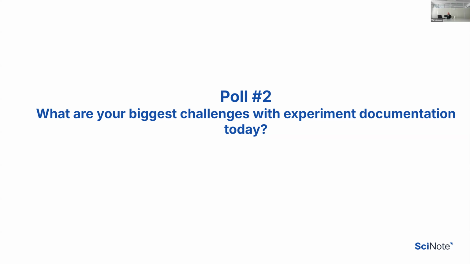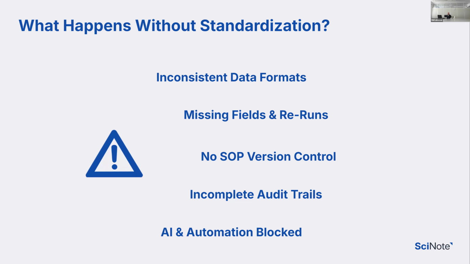Before we go there, one thing: what you were talking about are symptoms. Hard to find the data, retrieving the data. These are all challenges, but we see them more as symptoms. What actually happens is, if you're not following standardization, if you don't do templates well, you're going to have inconsistent data formats. You're going to be missing fields.